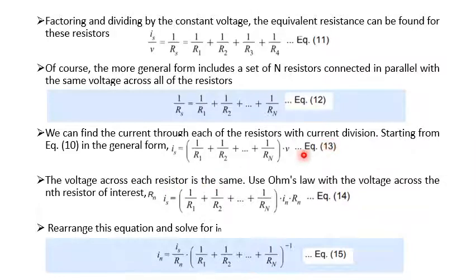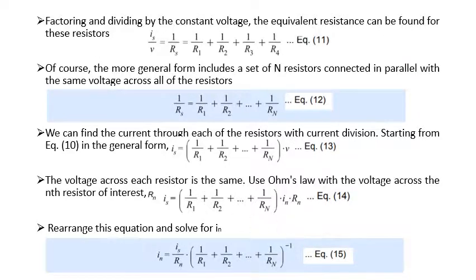Now from Ohm's law, in place of V you can write In into Rn. Then rearrange this equation and solve for In. This becomes In equals Is divided by Rn, into 1 divided by R1 plus 1 by R2 plus so on up to 1 by Rn, to the power minus 1. This is equation number 15.